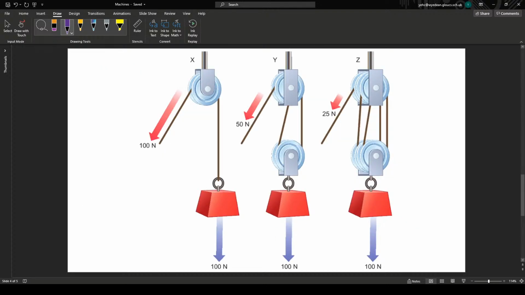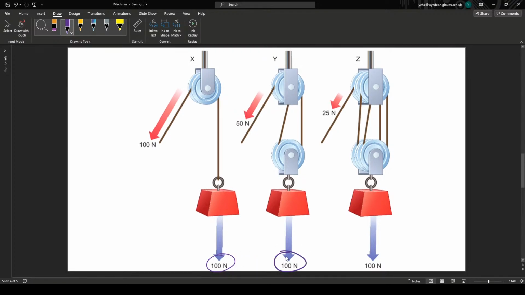Okay, now looking at some pulleys. Once again, we're trying to lift something. So there are 3 separate pulleys here that we're going to analyze: pulley X, Y, and Z. What we're trying to lift is something that weighs 100 newtons.